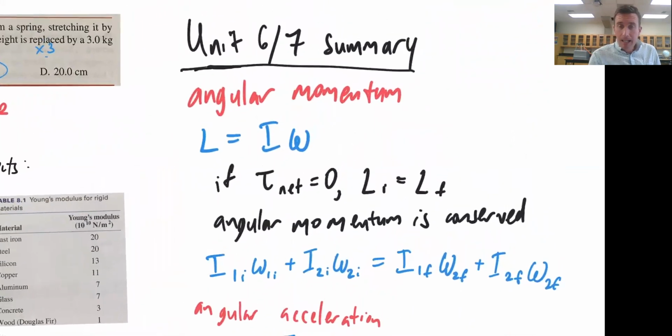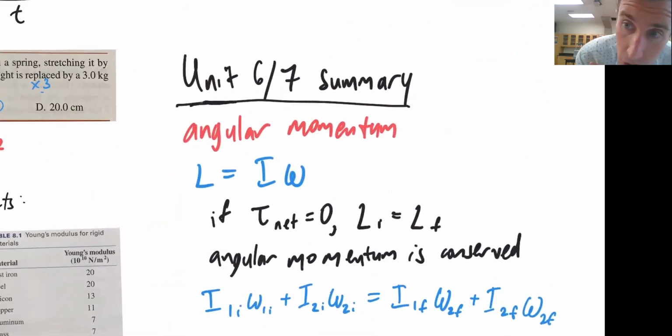Last piece, I want to do a real quick Unit 6 and 7 summary. I recognize that I'm kind of late in this video, and it's a long video, but this is the important part where the AP test is actually going to come into play. So we've done a lot in 6 and 7.